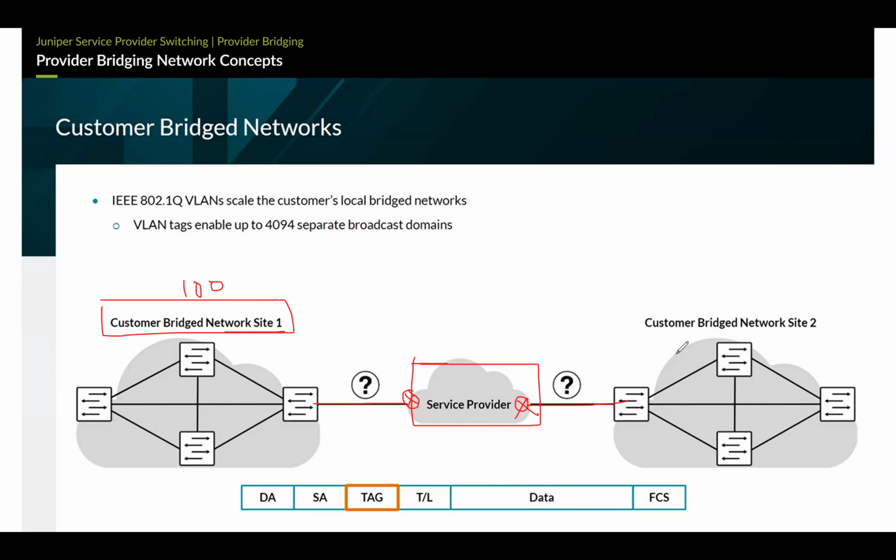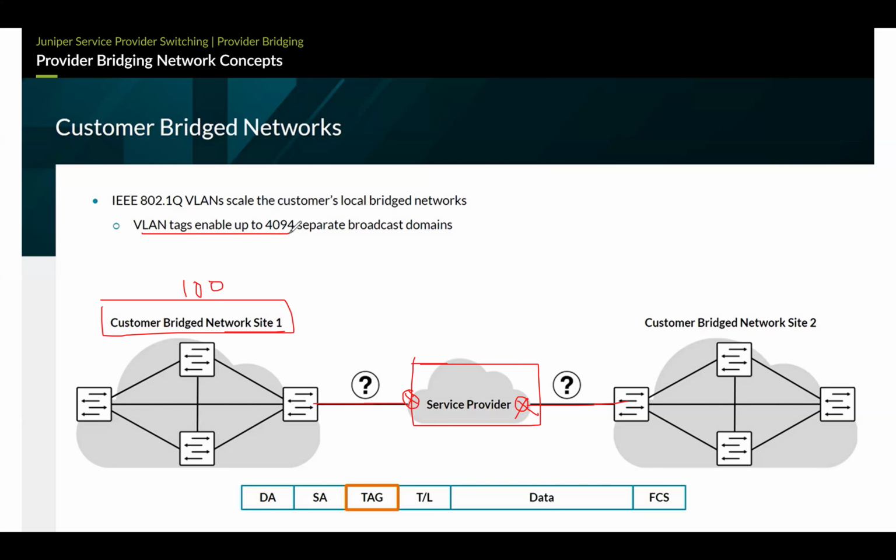Okay, this customer needs like 100 VLANs. So consider this service provider has, consider, 1000 customers, and per customer need 100. That means this service provider needs 100,000 VLANs. But we know the VLAN is basically limited.